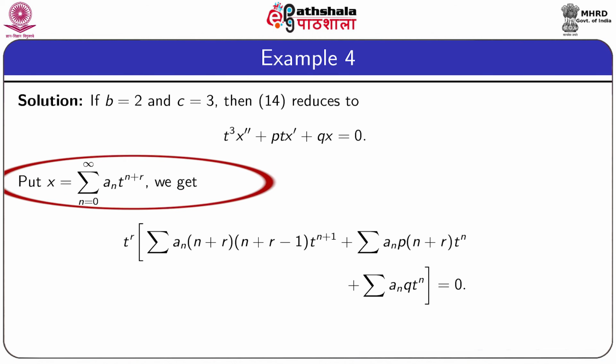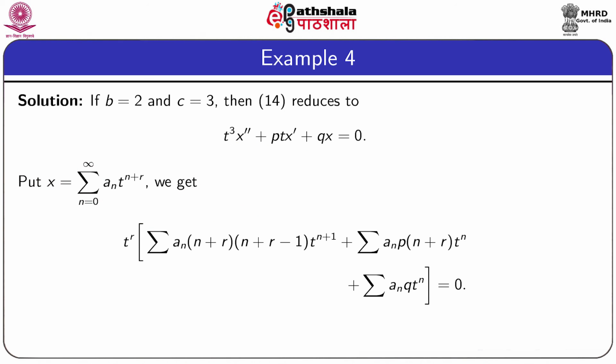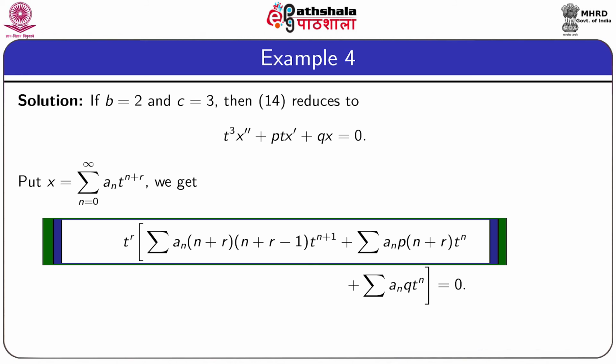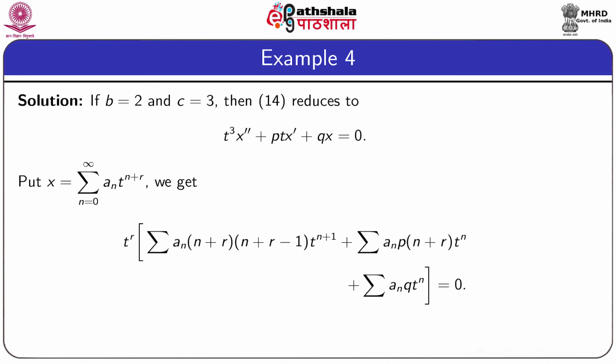We put x(t) is equal to summation n equal to 0 to infinity a_n t to the power n plus r, and we get t to the power r multiplied by summation n equal to 0 to infinity a_n (n plus r minus 1) t to the power n plus 1 plus summation n equal to 0 to infinity a_n p (n plus r) t to the power n plus summation n equal to 0 to infinity a_n q t to the power n is equal to 0.